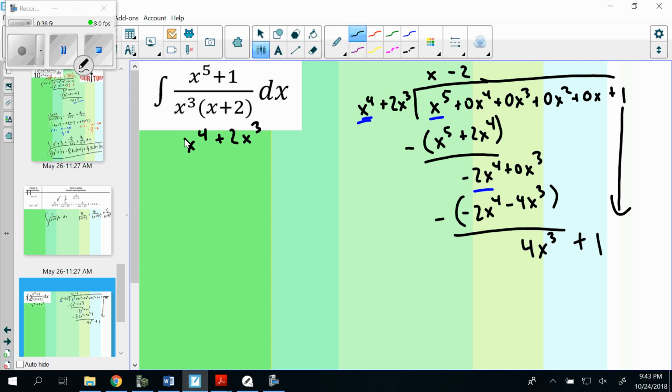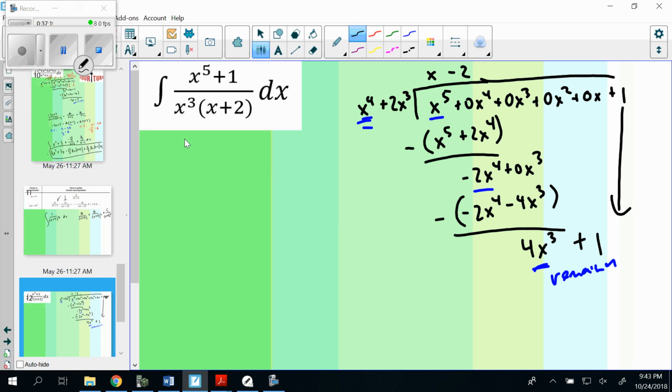We can't divide anymore because x to the 4th doesn't divide into that. So what's left there is our remainder. So we end up with a remainder of this. So now let's write this out as our partial fraction.